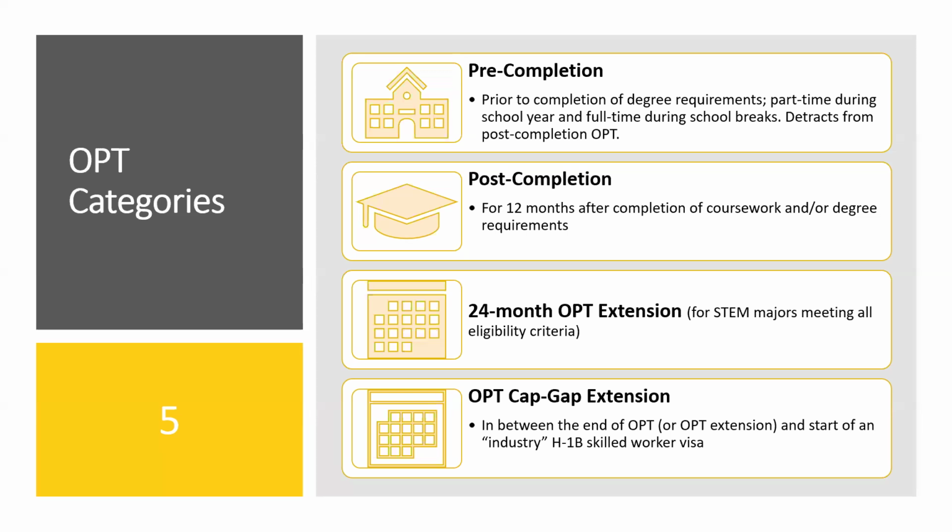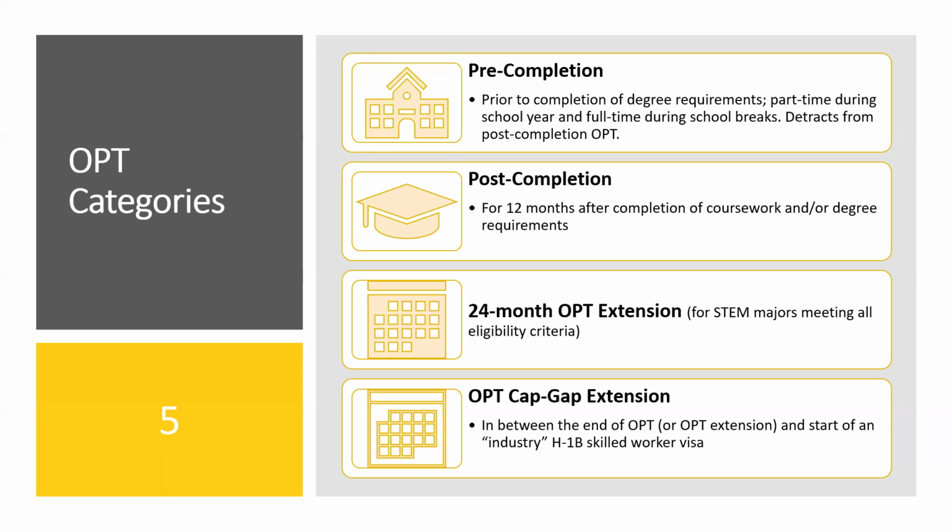There are several different categories of OPT. This module is going to focus on post-completion OPT, which is done after completing coursework or degree requirements. But I'll talk briefly about a few other kinds of OPT. One is pre-completion OPT. So this is for students who have not yet satisfied degree requirements.